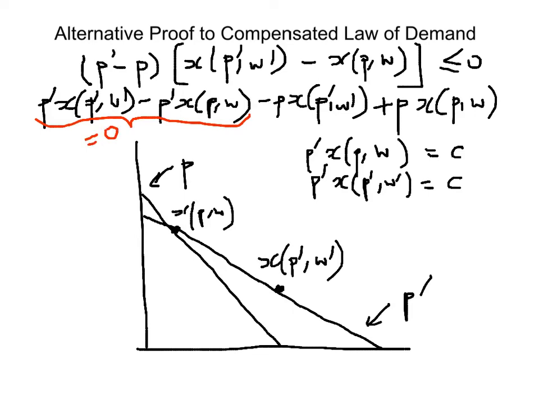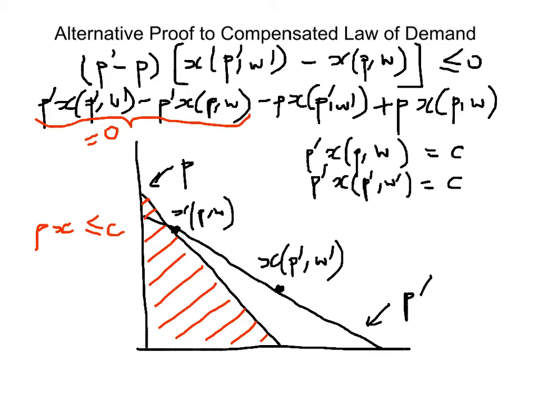Now if I look at the original budget set, which I'm going to draw here, by definition every item located in this region is such that Px is less than or equal to some constant. Not necessarily the same constant as here, right? It could be a different number, but I'm just going to use C to make this simple.